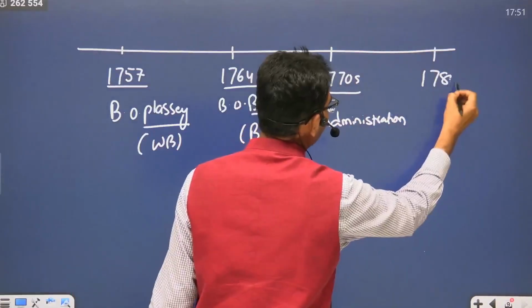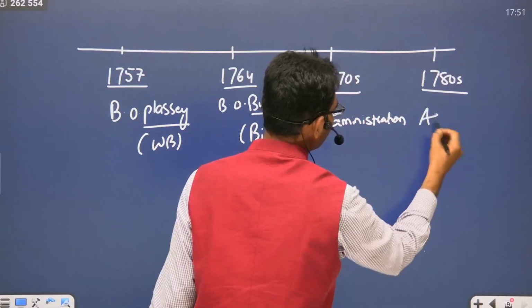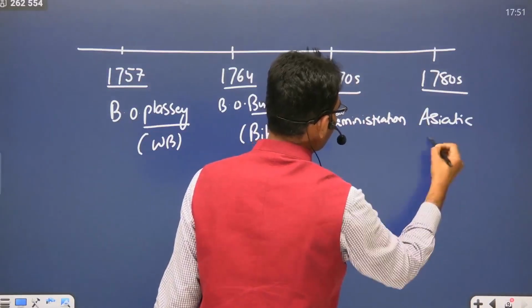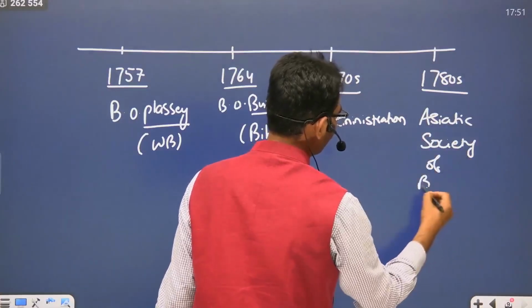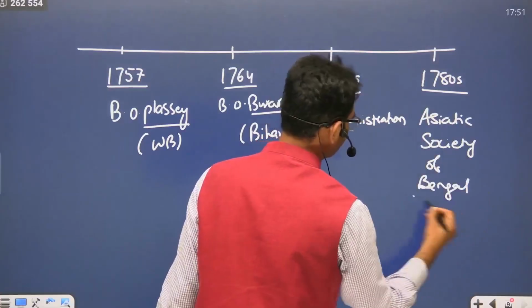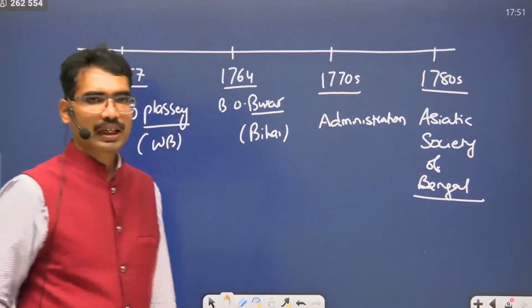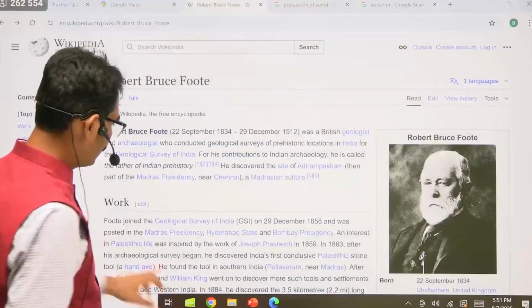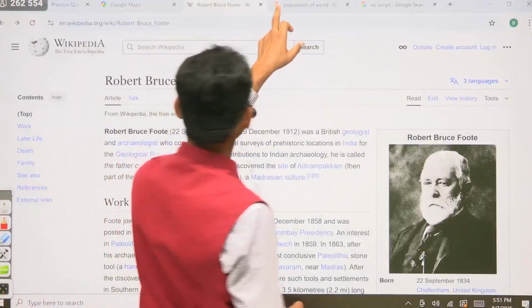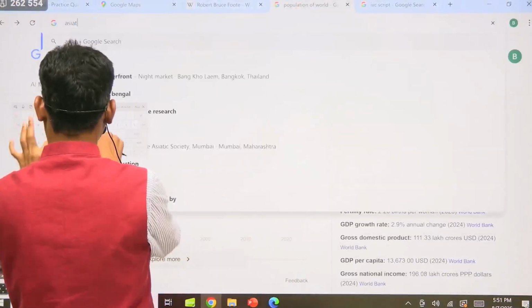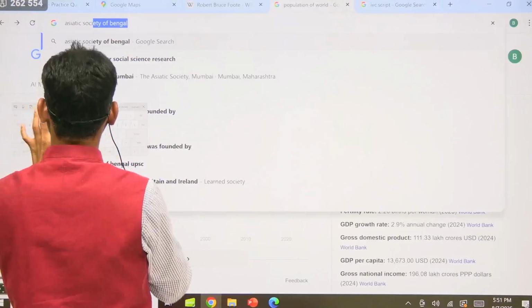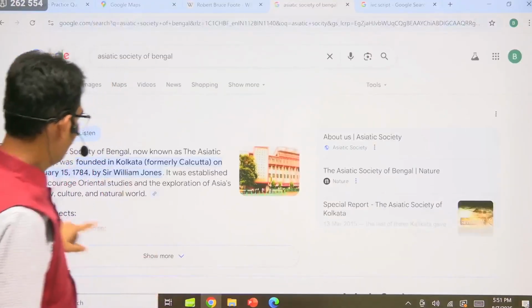In 1780s, Asiatic Society of Bengal was created. Here prelims questions are there. That's why I would like to show you Asiatic Society of Bengal.